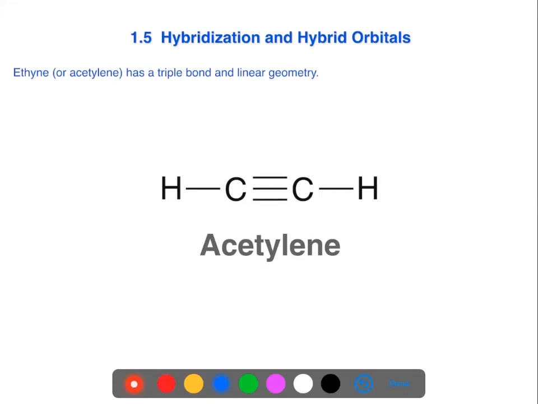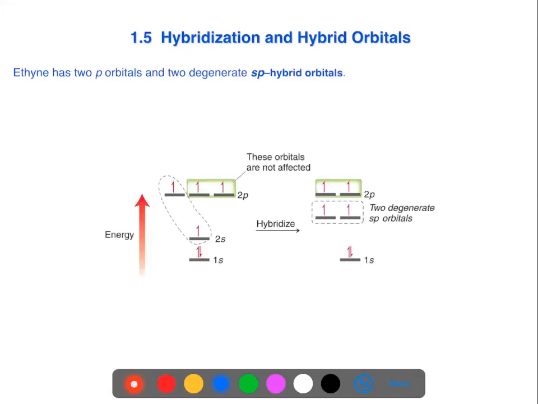So we've gone from tetrahedral with methane to planar geometry with ethene, and now in our ethyne example, we observe linear geometry. So we want to show you how, using this valence bond theory and this hybridization picture, we can describe this linear geometry that we typically observe.